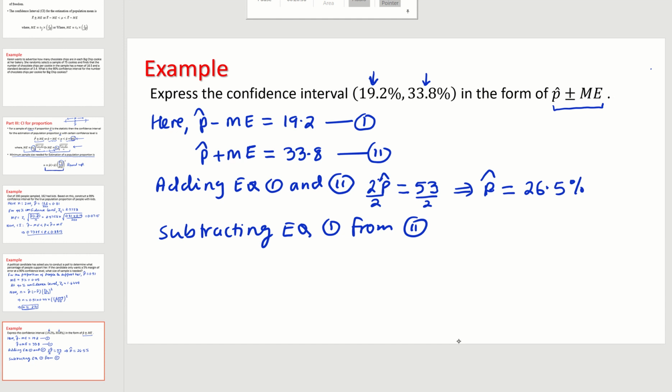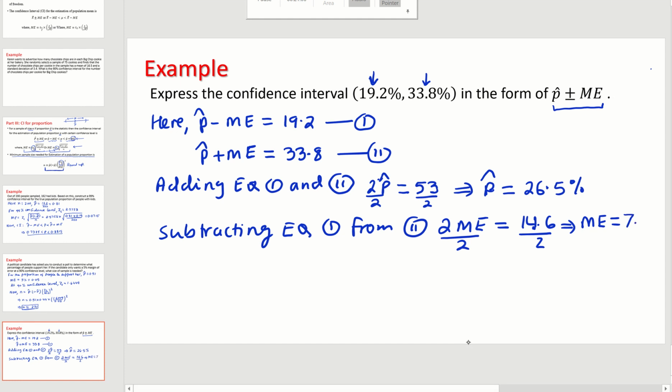And margin of error minus a negative margin of error is 2 margin of error, equal to 33.8 minus 19.2, which is 14.6. Now if I divide on both sides by 2, then we get our margin of error. Margin of error is 14.6 divided by 2, which is 7.3. So this value is 7.3.